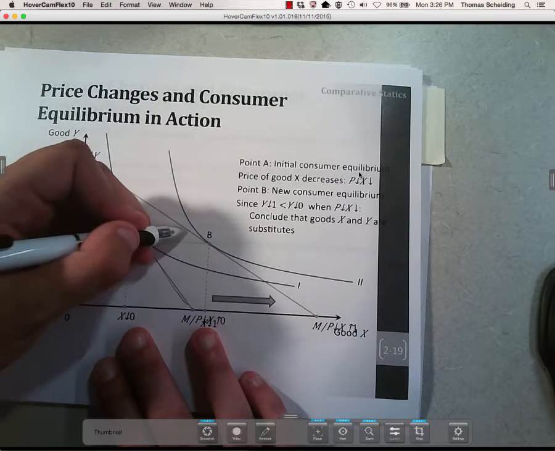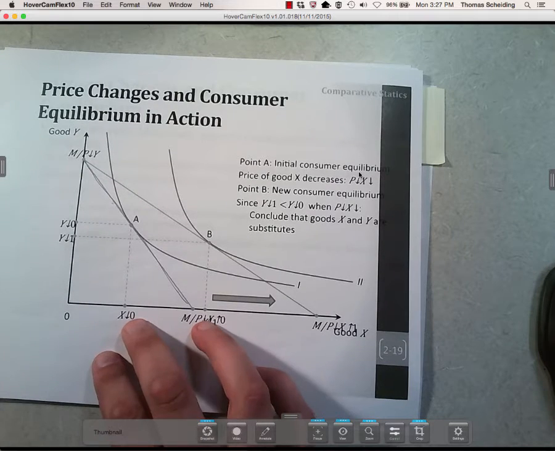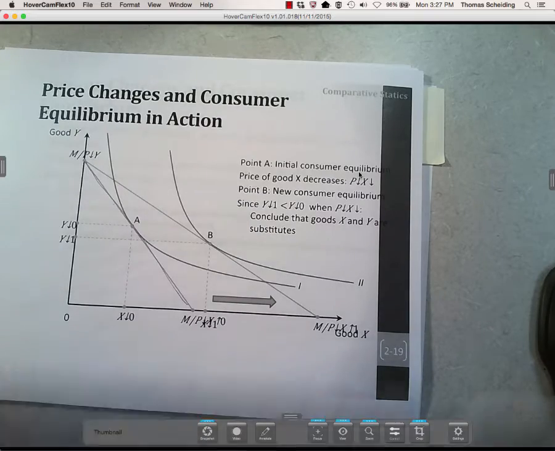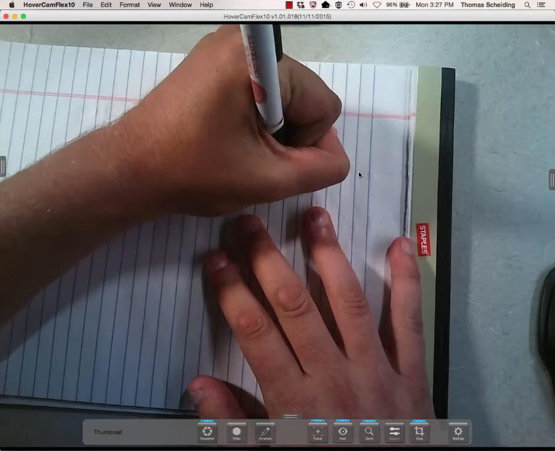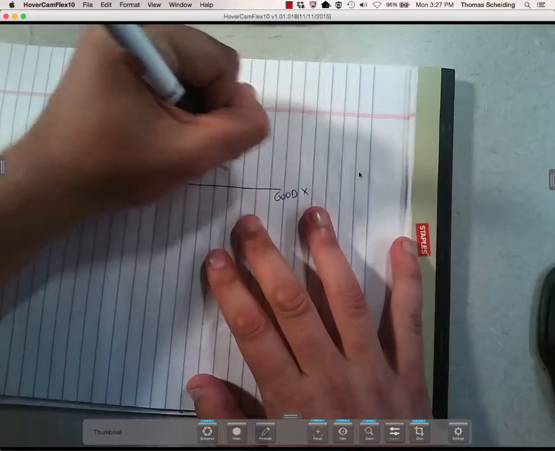As it pivots outward, you'll notice that I consume more. Let's draw a graph that explains this a little bit more and the consequences of this. I'm just going to recreate what was just on that slide.